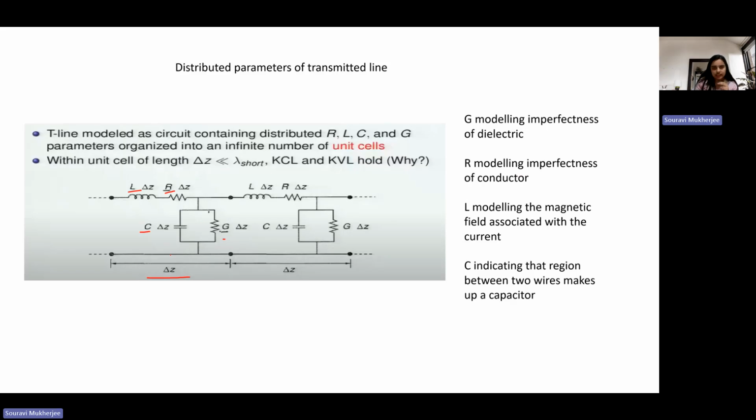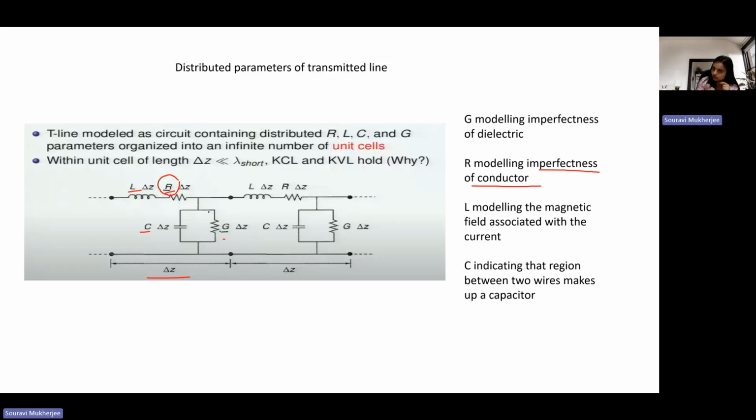So your conductor does have some finite resistance, and if you find the resistance per unit length, that will give you the R. So it's associated with the imperfectness of your conductor, right? And then comes L. Why L?